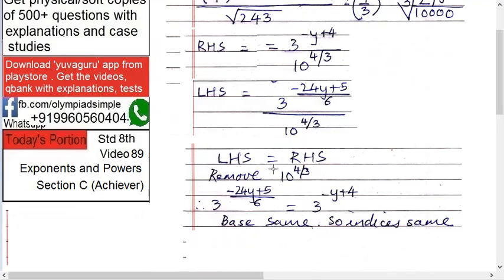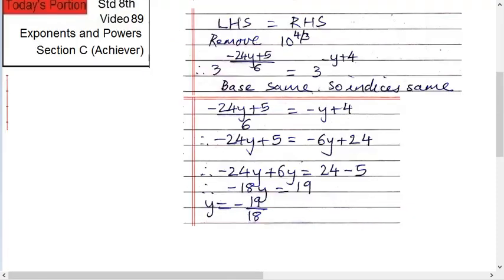So 10 raised to 4 by 3 is common on both sides, remove it, not required. So what remains? 3 raised to (minus 24y plus 5) upon 6 equals 3 raised to minus y plus 4. Now bases are same, so indices can be equated. So minus 24y plus 5 upon 6 equals minus y plus 4.